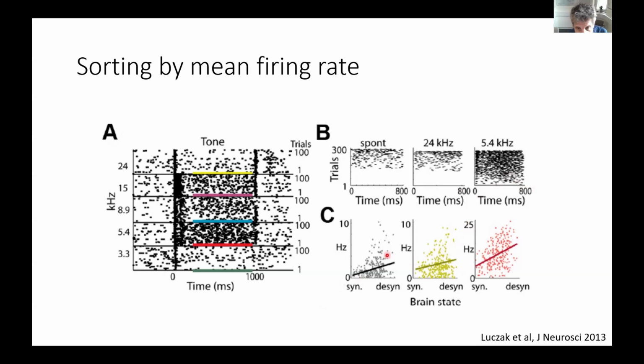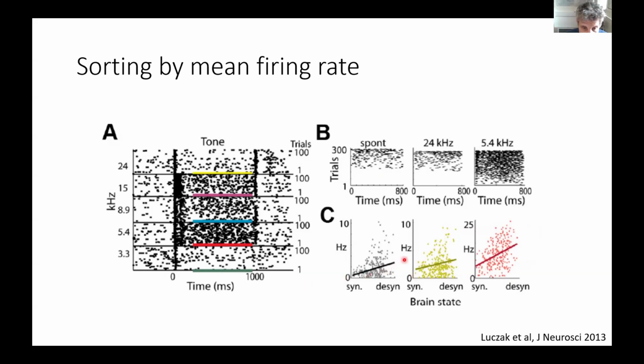And if we make a plot at the bottom here of the number of spikes, or the firing rate, versus the brain state, and by brain state, what I mean is the amount of oscillation that's going on in the population activity, we'll see that in a moment. You see that there's a correlation.